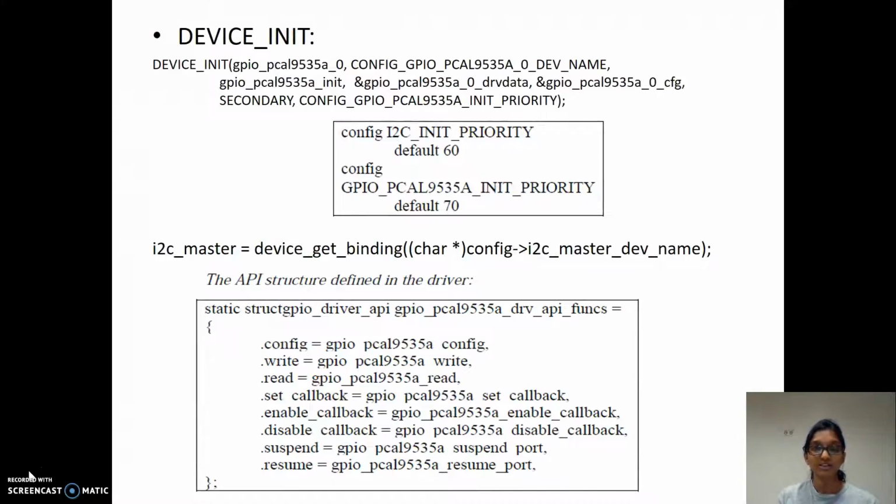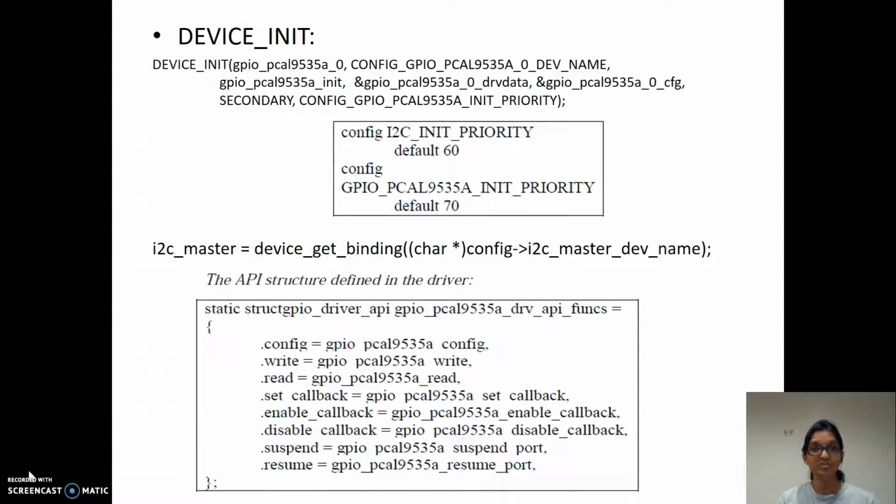The device initialization of Gpio PCAL9535A happens after the device initialization of the I2C driver. Even though the level of initialization of both these devices is defined to be secondary, the initialization priority configuration of the I2C driver is higher than that of the PCAL.